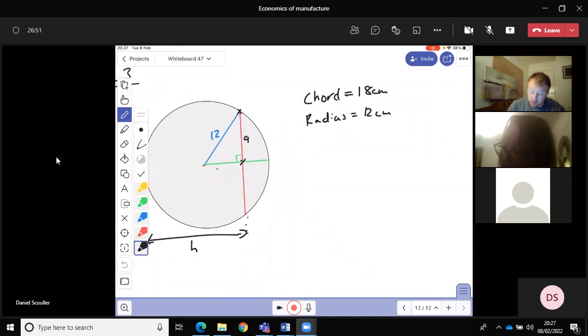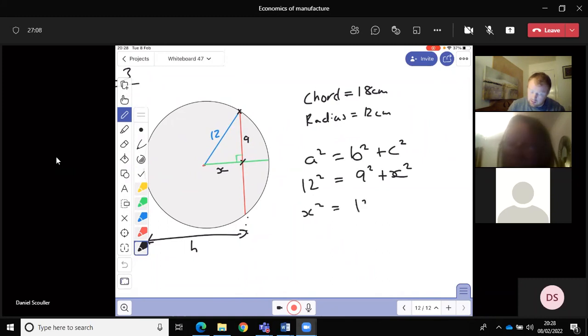Okay, we'll call that missing side x, because that's what we've been doing. Okay, hypotenuse is 12, one of the short sides is 9, the other short side is x.